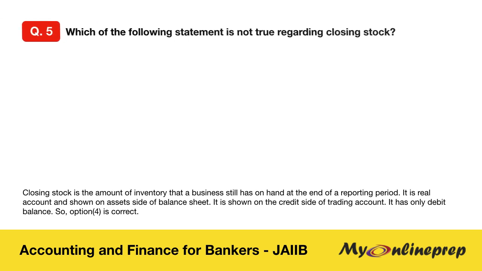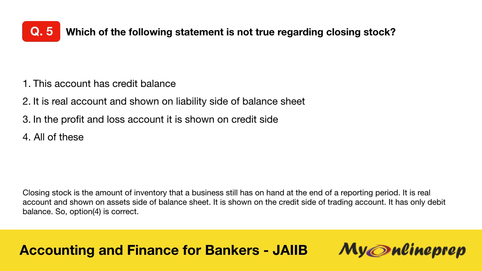Number 5. Which of the following statement is not true regarding closing stock? This account has credit balance. It is real account and shown on liability side of balance sheet. In the profit and loss account, it is shown on the credit side. Or all of the above.